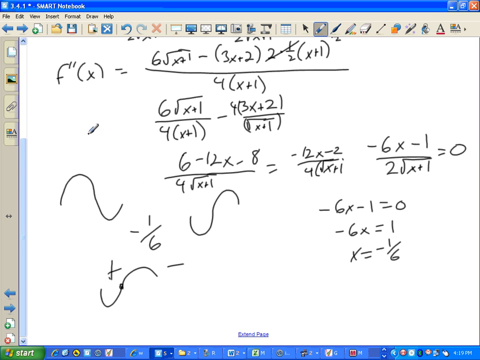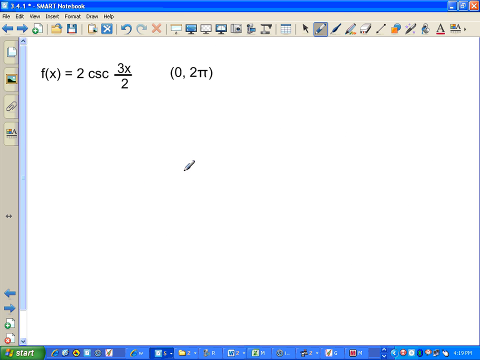All right, let's look at a trig function. So this one's going to be pretty interesting, actually. So first derivative. Okay, so I'll leave the 2 out.